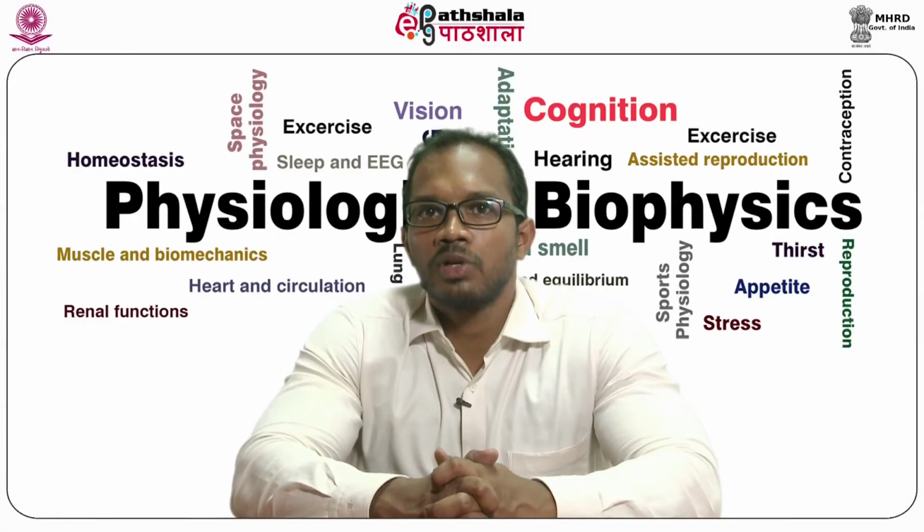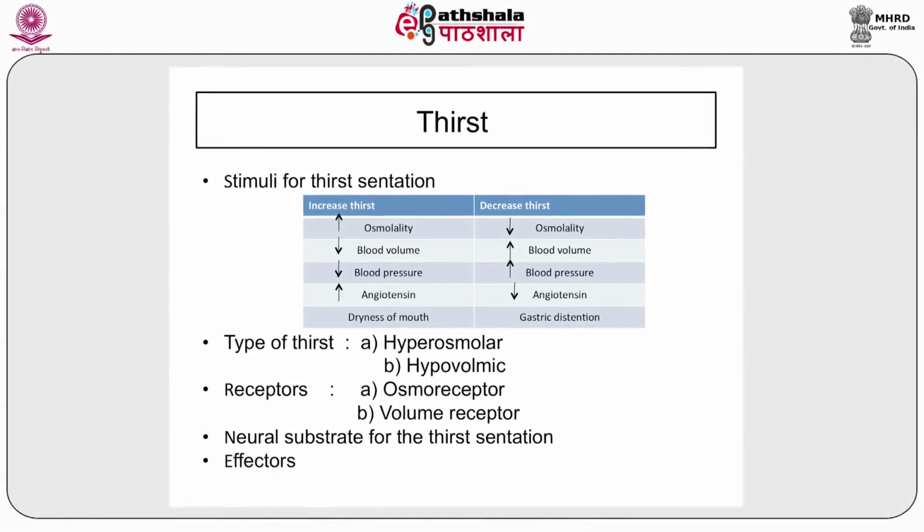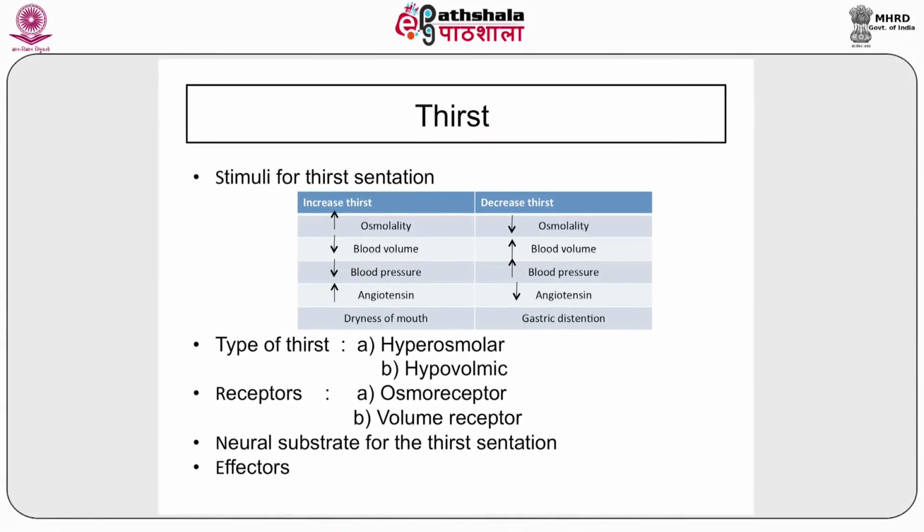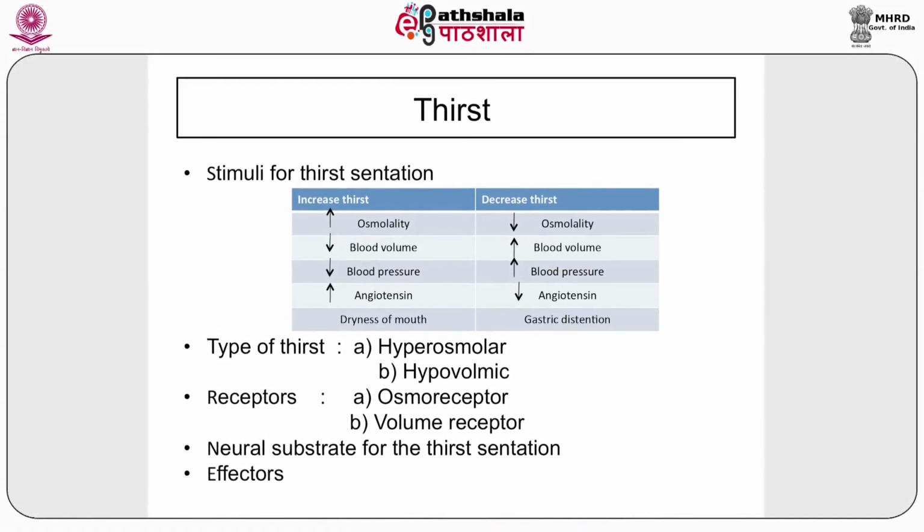Change in the plasma osmolarity activates osmoreceptors in the OVLT and subfornical organ, which by ADH and thirst sensation maintain the water balance by kidney, and thirst ultimately these two affect the plasma osmolarity.